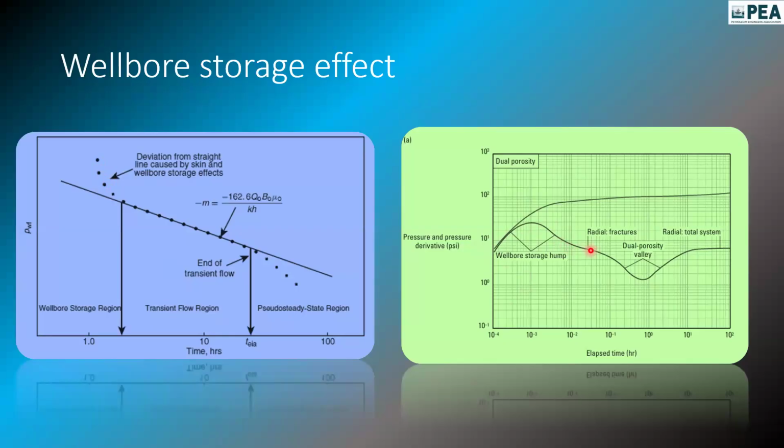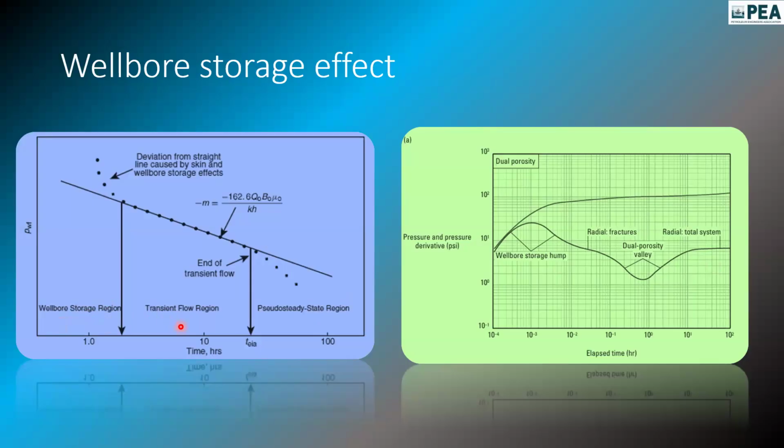Beyond that, we have some more indications, like if there is any fracture, dual porosity, or any kind of pseudo steady state flow effect, which can be observed through pressure derivative analysis. We will be observing that also. As I said earlier, the first time period is the wellbore storage period, and then the transient flow period.